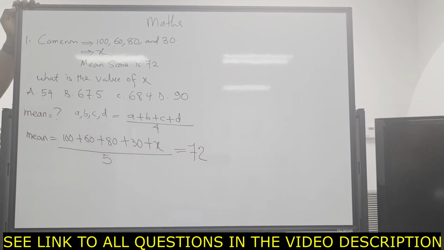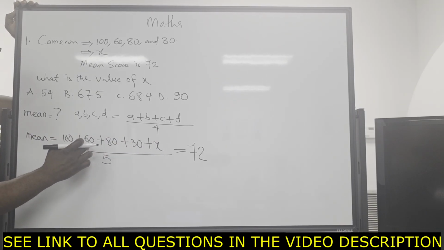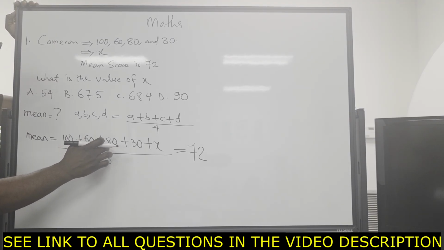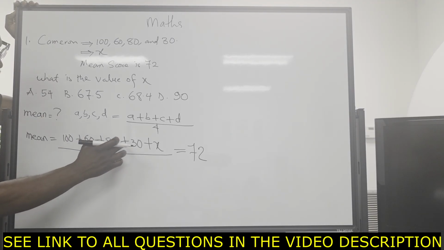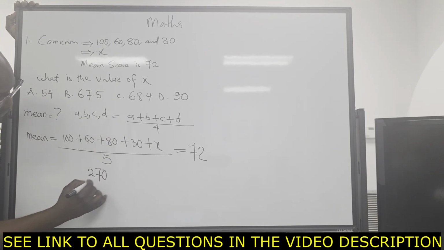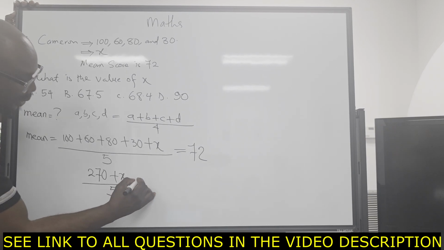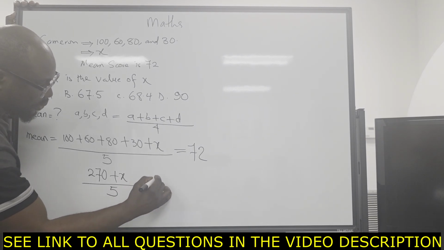So now all we got to do is add these numbers together. So we have 100 plus 60 is 160. 160 plus 80 is 240. 240 plus 30 is 270. So we have 270 plus X divided by 5, right? So there's still 5 right there. And everything here is equal to 72.